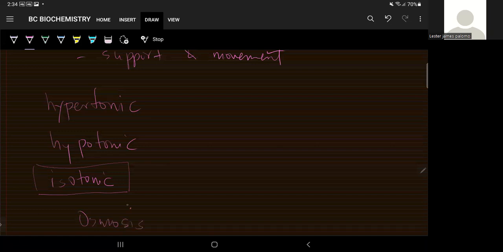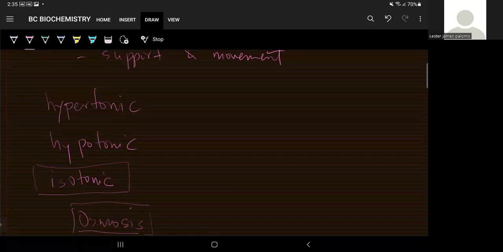Movement of water, or the movement of substances in the body. So pag sinabing isotonic, kasi there will be equal movement of water in and outside of the cell.